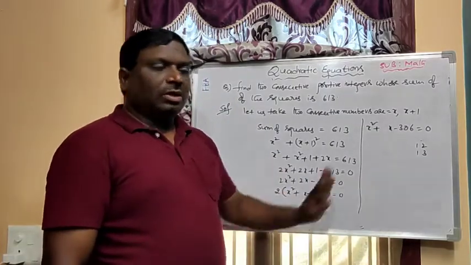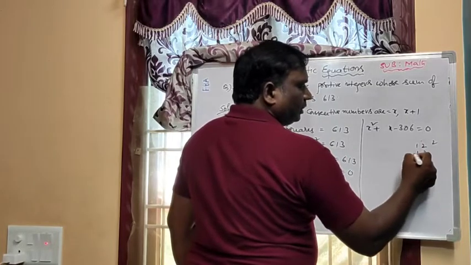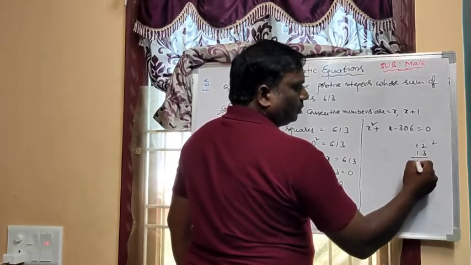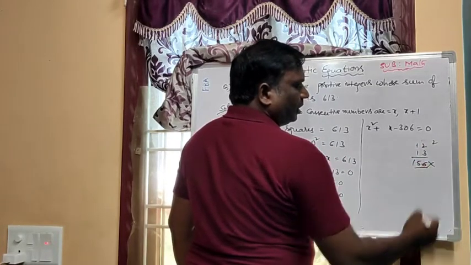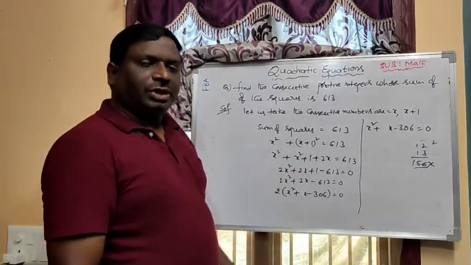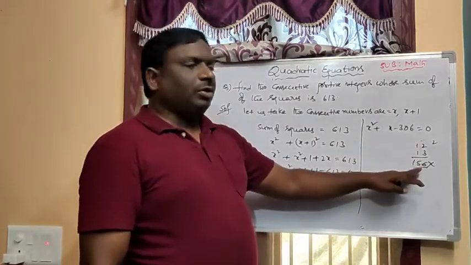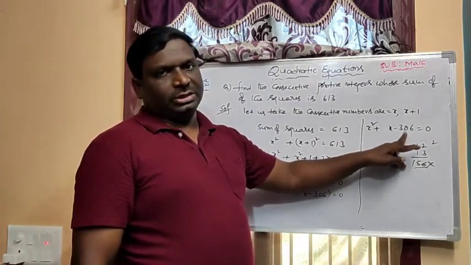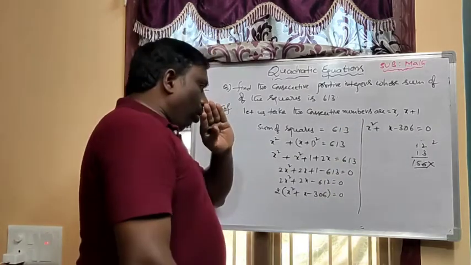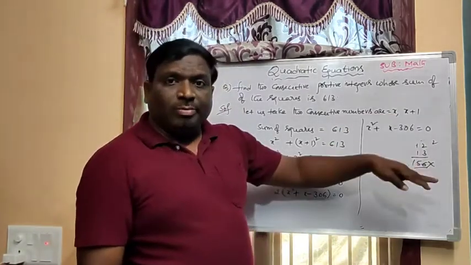In this case also we can check. 13 twos are 26, 13 ones are 13, plus 26 is 156, not possible here. Then you can go again for 22 and 23. There also, if you multiply 22 and 23, definitely you will get more than 306. Similarly, in this way, is there any other two numbers we have to check?